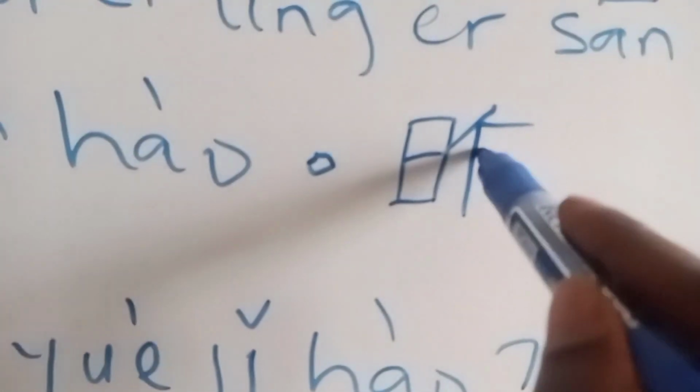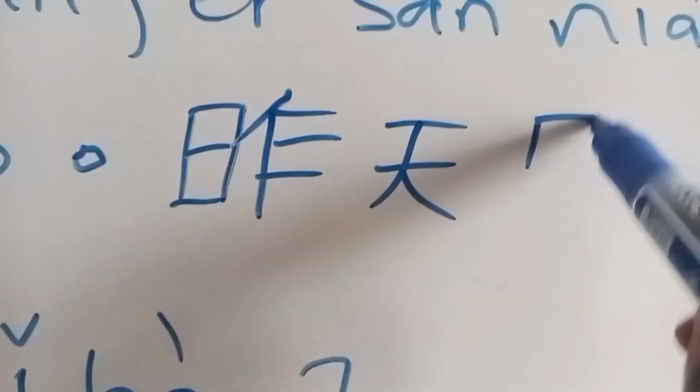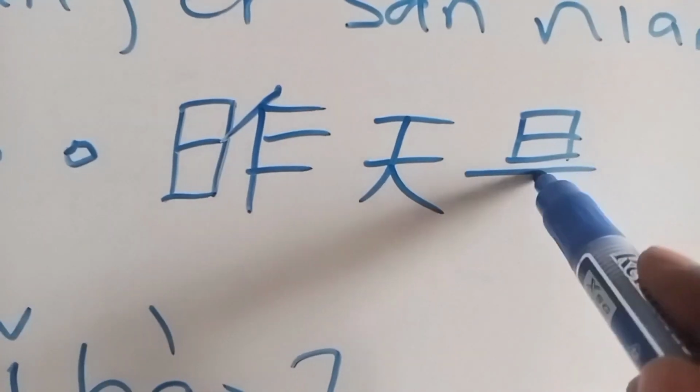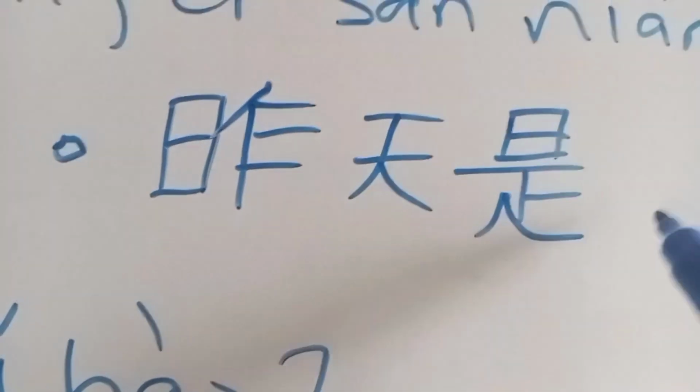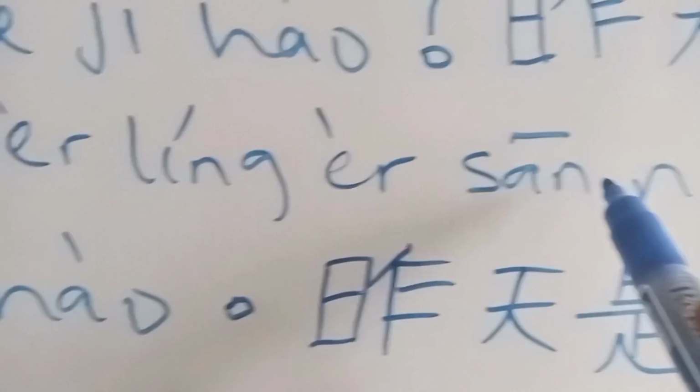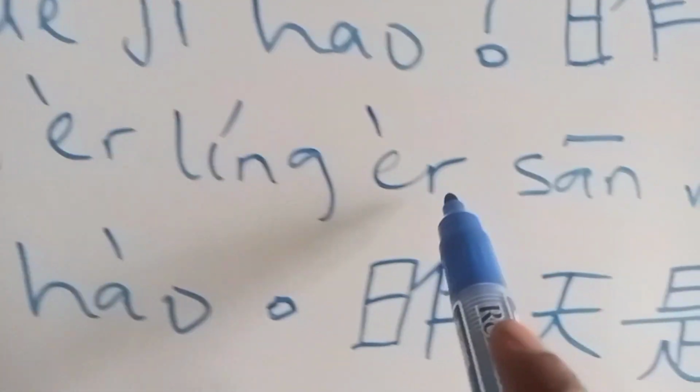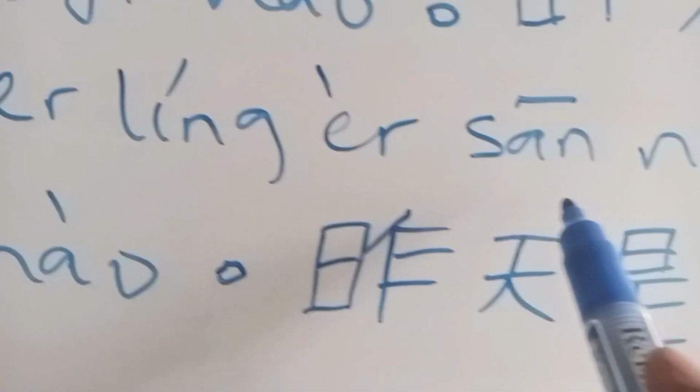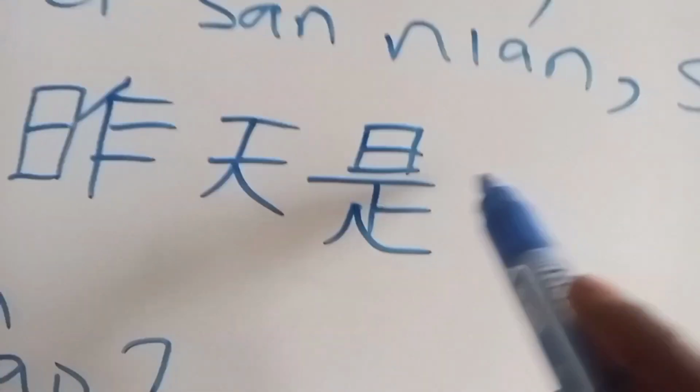This is quite long, so let me start from here. 昨天是. This is how to write 是. We have written 是 countless times, so 是2023. This is 2023.